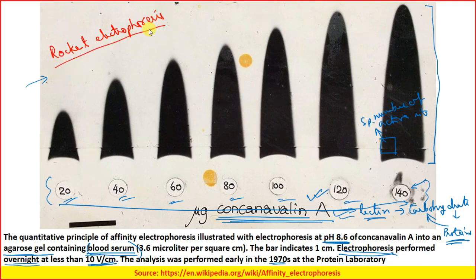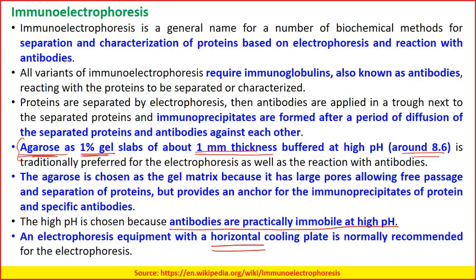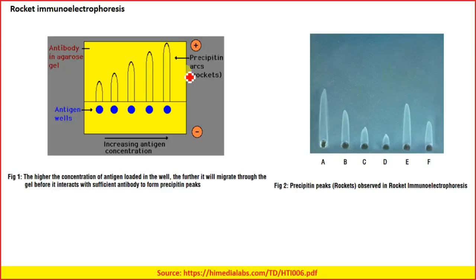Now, similar to rocket electrophoresis, we can have rocket immunoelectrophoresis. With increasing antigen concentration, the antibody is immobilized within the gel. What is the pH? The pH is nearly 8.6, right? Then you have these precipitating arcs.